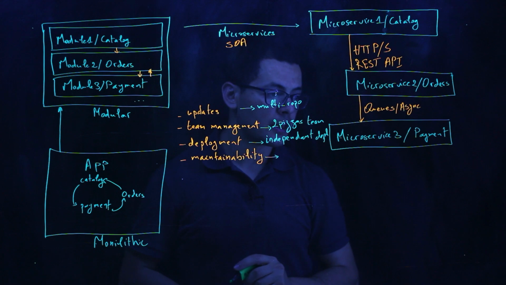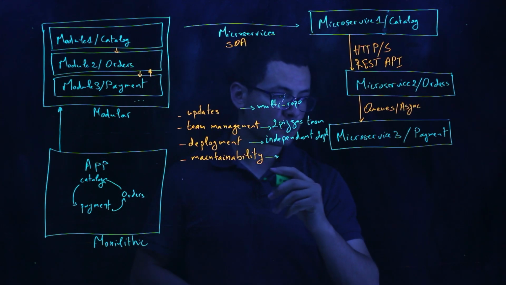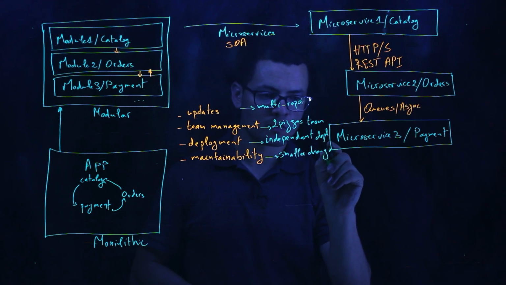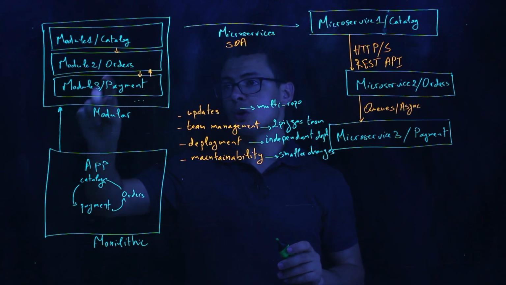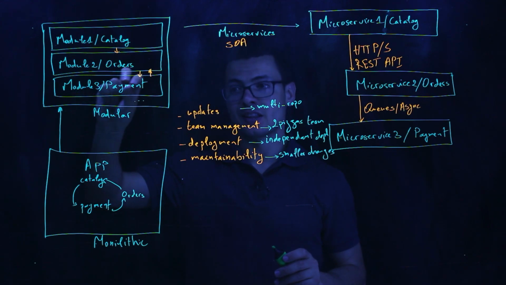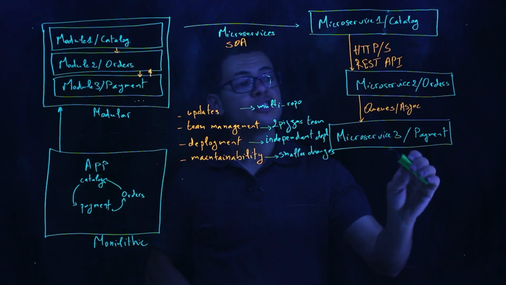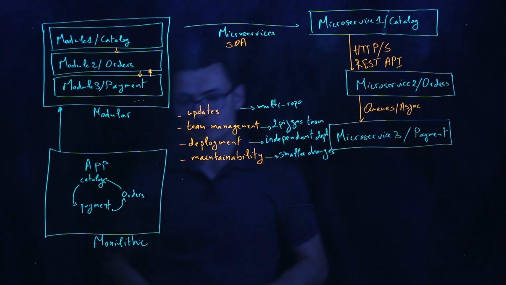So this is thanks to smaller changes. I say smaller changes because a small change in a big application is still a risky change, but a small change in a small app is really a small change.